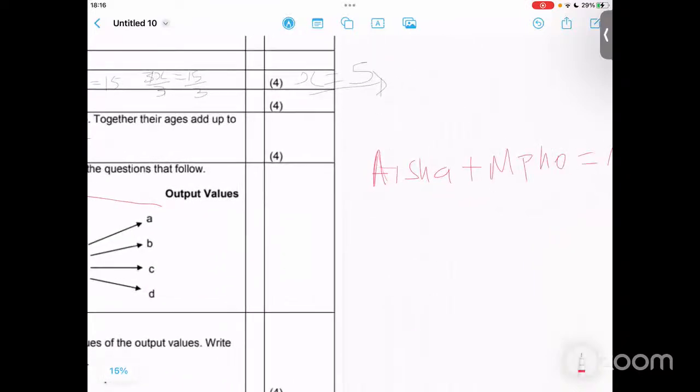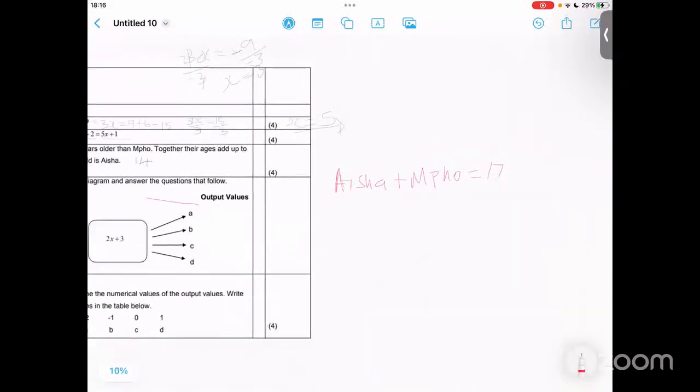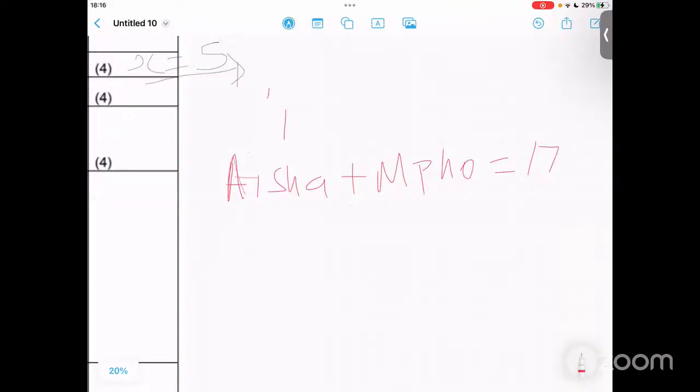Yes, ma'am. So if Asia is 3 years older, we can either choose Asia to be our x value or Mpho to be our x.